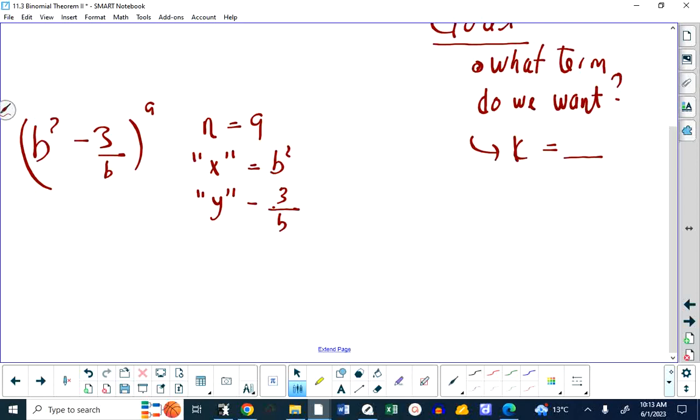That look okay? Okay. So my first term will be 9 choose 0. It will contain a b squared raised to the 9, and it will contain a negative 3 over b raised to the 0. My only question right now to you is this.